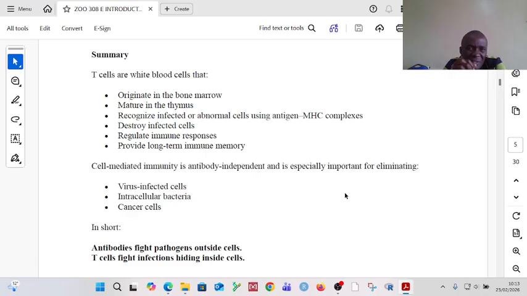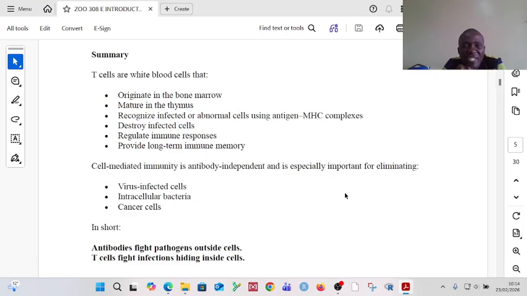That recognition is enabled by the antigen, which is a product of the infectious agent, and that antigen will be found on the surface of the cell where the pathogen has infected. For the antigen to be recognized by the T cell, it has to be presented by special proteins.